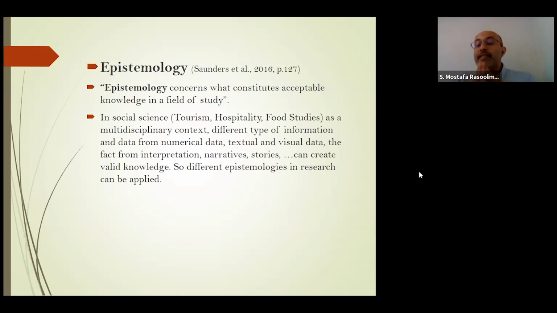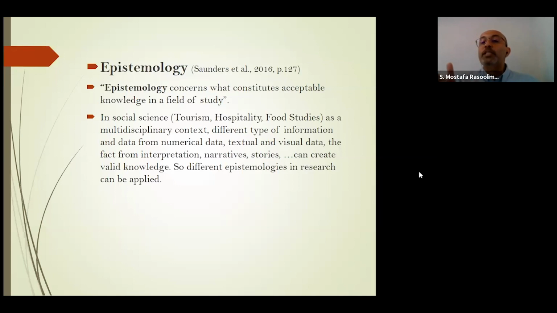But I can say this is a common mistake. In social science disciplines, most of the time our paradigm is realism instead of positivism. Realism is close to positivism, but with a different understanding of especially ontology and epistemology.